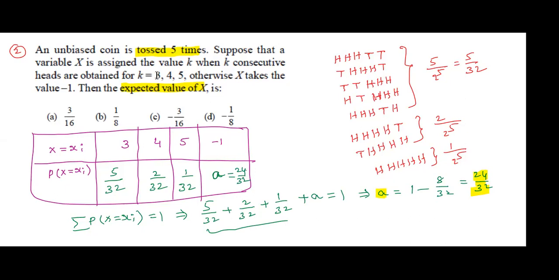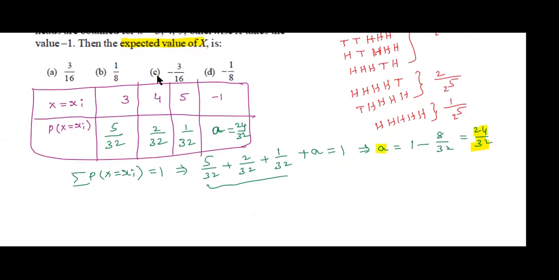Now I am going to find the expected value of x. That means E of x. E of x means mean only. What is the mean here? 3 into 5 by 32 plus 4 into 2 by 32 plus 5 into 1 by 32 minus 1 into 24 by 32.